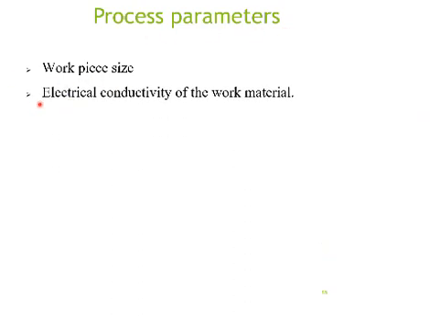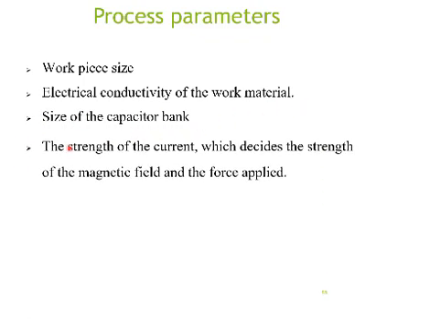The process parameters consist of workpiece size, the electrical conductivity of the work material, size of the capacitor bank, the strength of the current, which decides the strength of the magnetic field, and the force applied. Insulation of the coil, rigidity of the coil.